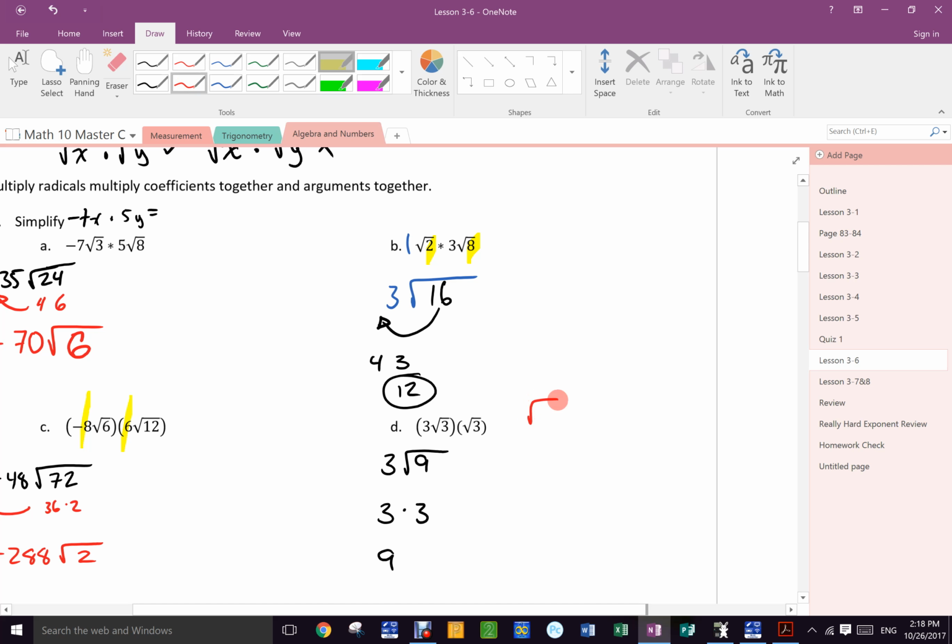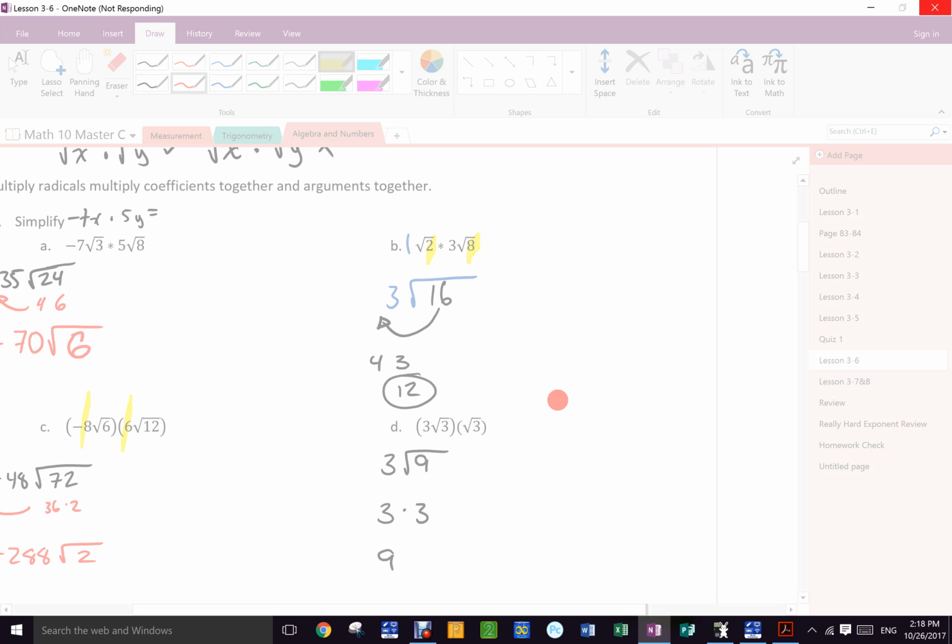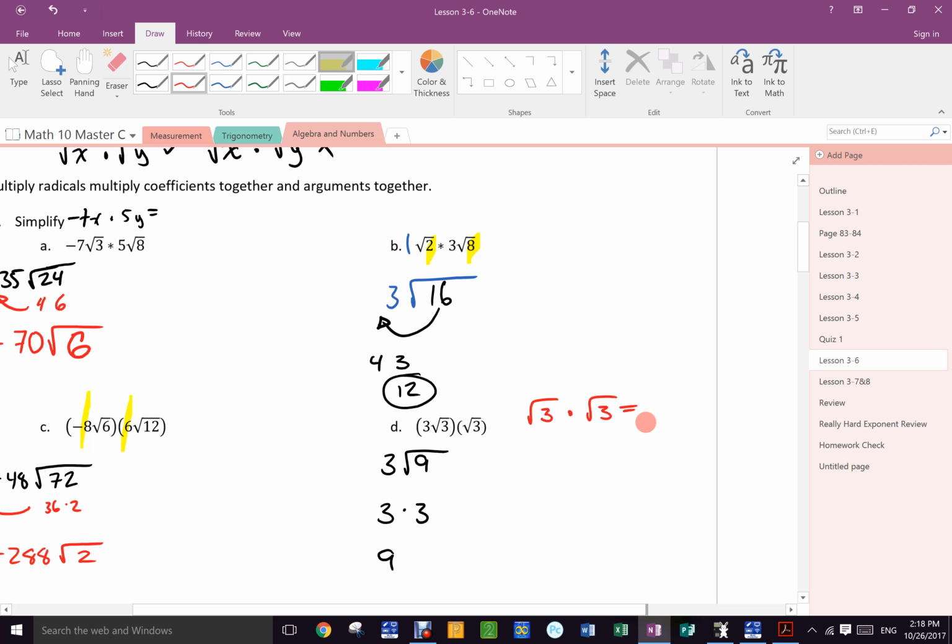The root of 3 times the root of 3 is what? 9. It's the root of 9, right? And the root of 9 is what? 3. It's not a magic trick, it's math. The root of 9 is 3. What is the root of 2 times the root of 2?